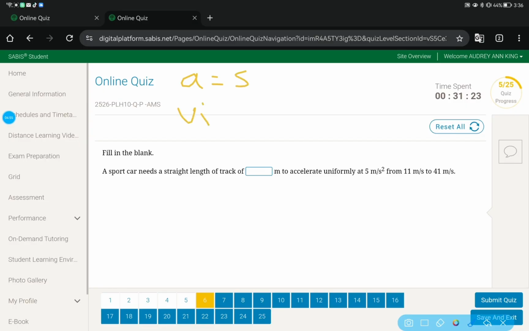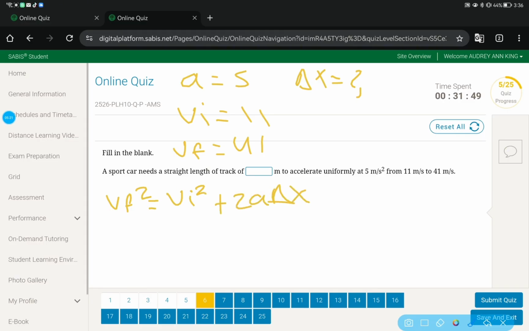We have the initial velocity, which is 11, and we have the final velocity, which is 41, and they want the displacement. Out of all of this, we do not have time, and they don't want time. So that's why we're going to use this formula: velocity final squared equals velocity initial squared plus 2a times delta x.